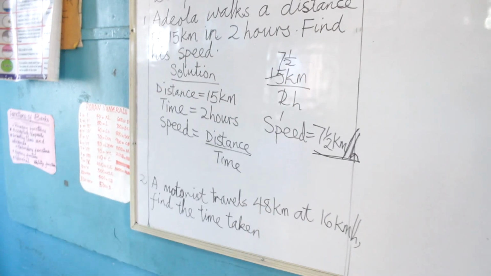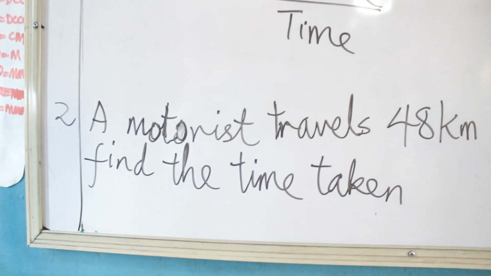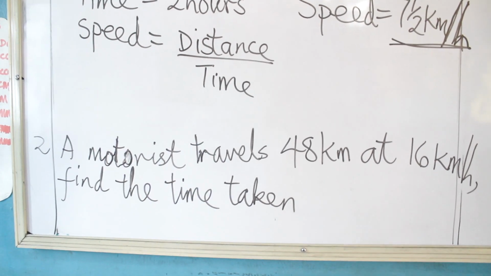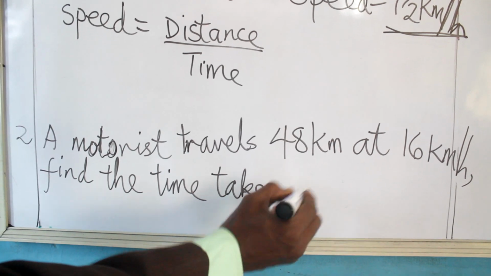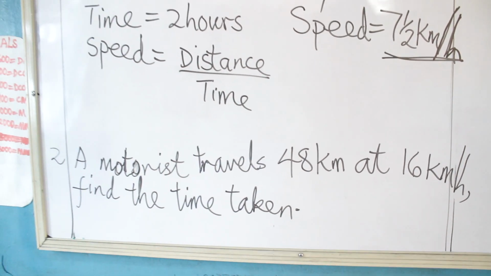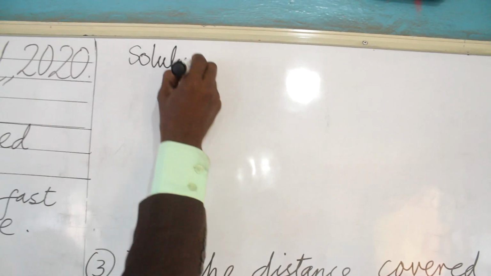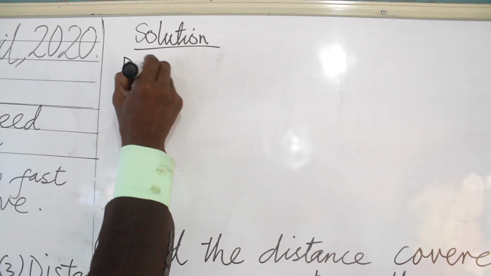Example 2. A motorist travels 48 kilometers at 16 kilometers per hour. Find the time taken. Here, solution. We have the distance.